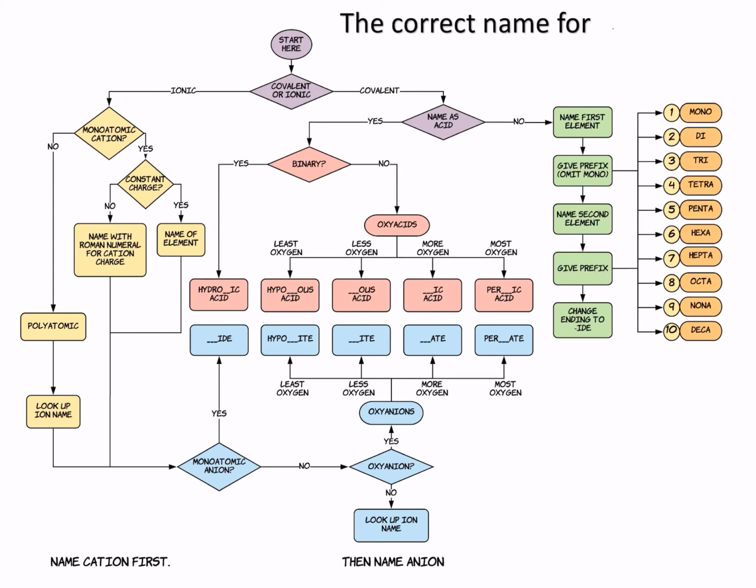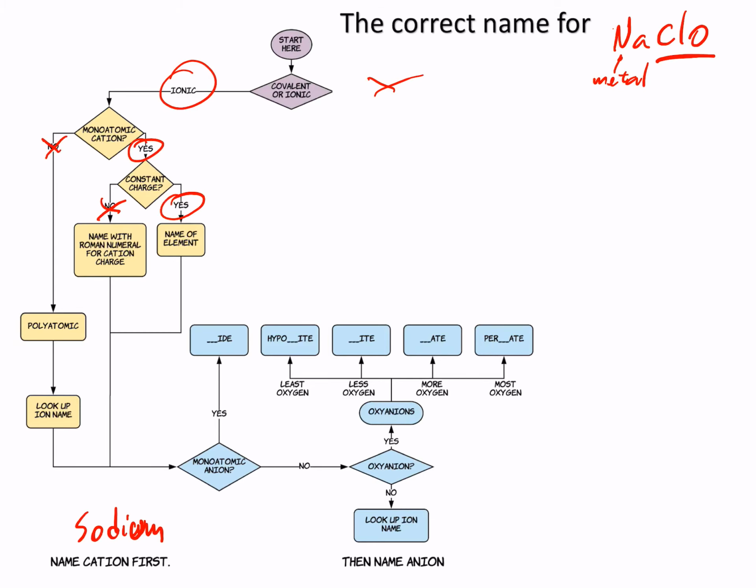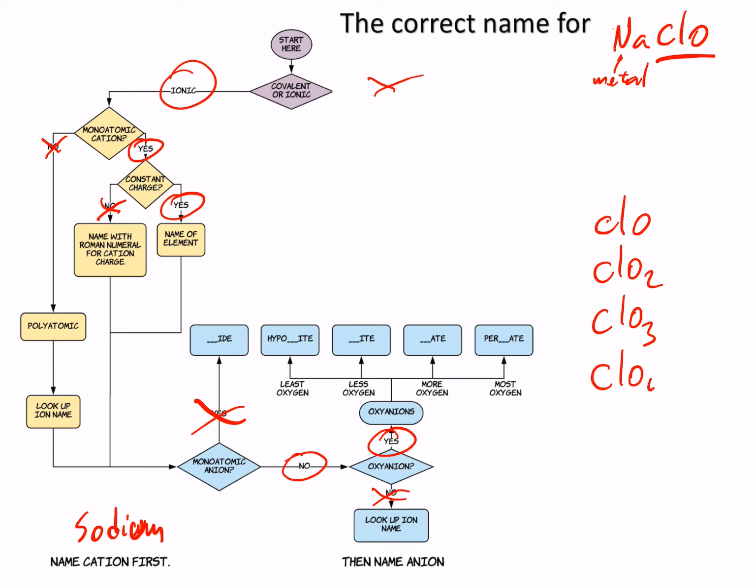Now we work with our ion. Is that a monatomic ion? Well, no, it's not a monatomic ion, so you forget about that side. Is that an oxygen ion? Well, actually, yes, it is. It contains oxygen. So if you don't remember the name of that particular one, at least you have to remember that chlorine can form ClO, ClO2, ClO3, and ClO4.